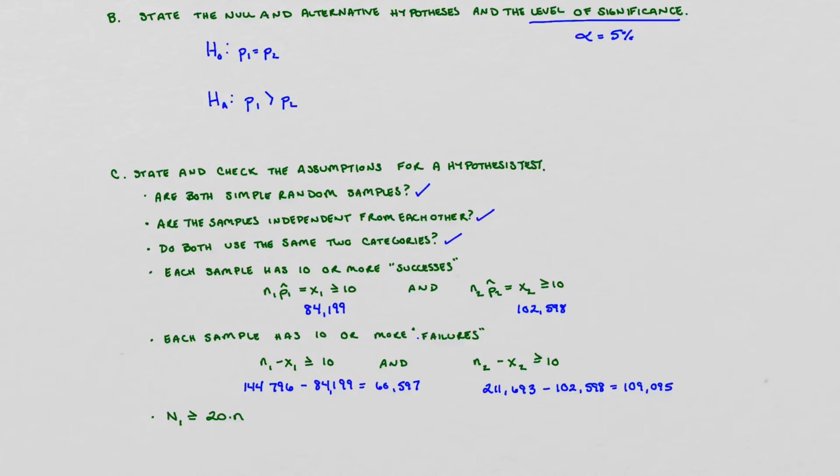Is that greater than or equal to 20 times the sample size of that group that I worked with? And is the population size of students who are taking the AP calculus exam greater than or equal to 20 times n sub 2? Again, we really don't need to worry about this bullet point. Really focus on the number of successes and failures being greater than or equal to 10.